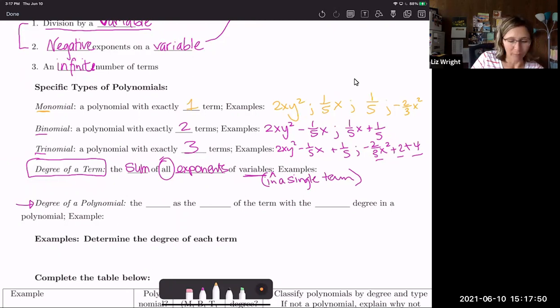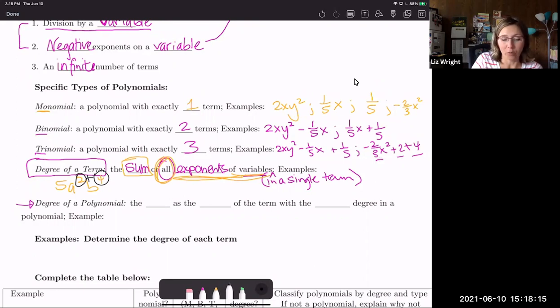Let's see. So if we look at this one, 5a squared b to the fourth. We're looking at the sum, that's the answer to an addition problem, of all the exponents of the variables. So here we go. If I'm looking at the variables, I'm doing 2 plus 4. And again, don't let this confuse you with your exponent rules from previous topics. We are not doing exponent rules right here.